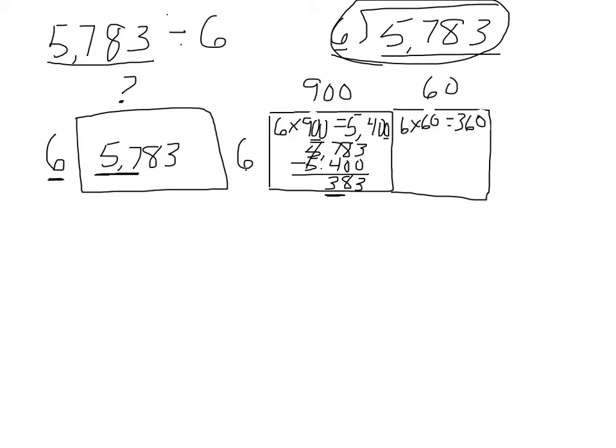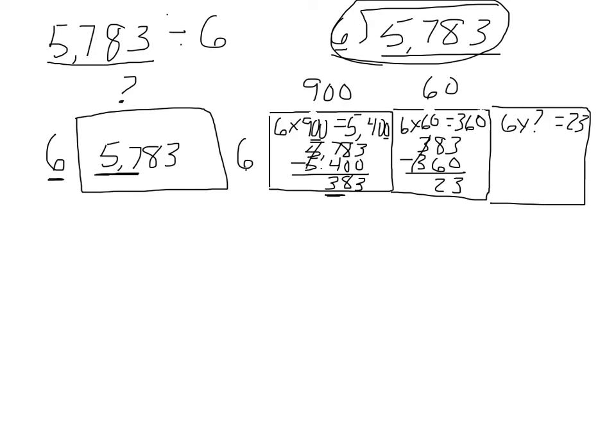And I started with 383. I used 360. So what I'm left with is 3 ones, 2 tens, and my hundreds cancel out. So now I need to do 23 divided by 6, or I can ask myself 6 times what is going to equal something close to 23. Well, I know 6 times 4 is 24, but I don't have 24.